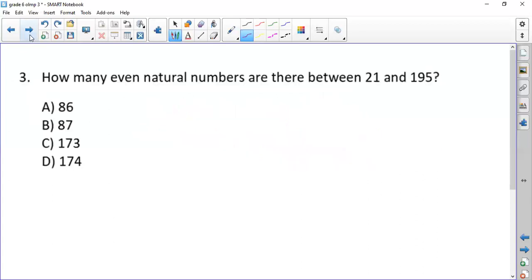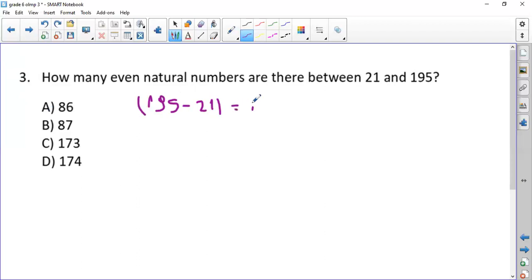How many even natural numbers are there between 21 and 195? We know how to find how many numbers are between two given numbers. Okay, we said we have to subtract the smallest one from the largest number, 195 minus 21, and minus 1.